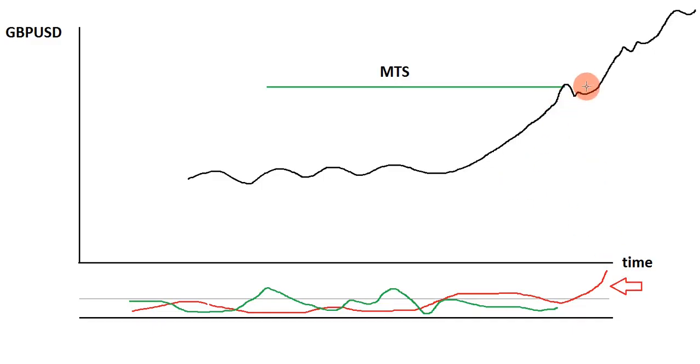Because sellers are coming into the market trying to sell at these price levels. So what happens is, because of that, the algos push the price further, okay? So that's something which is important to understand.